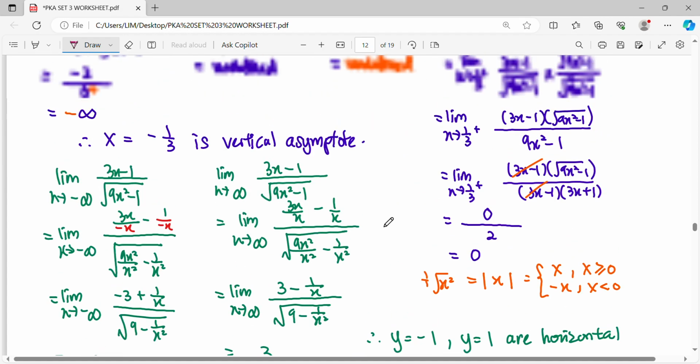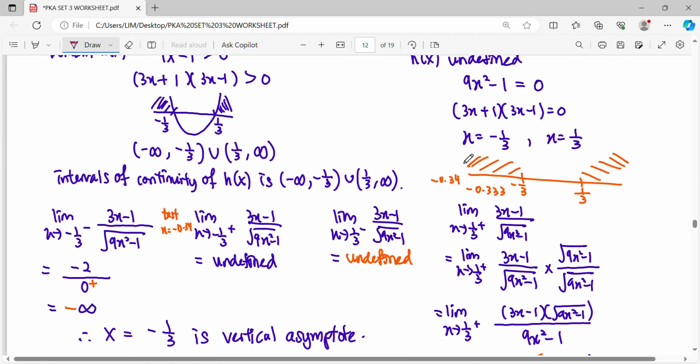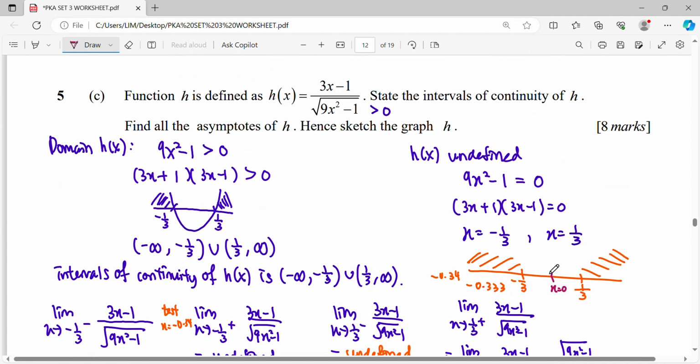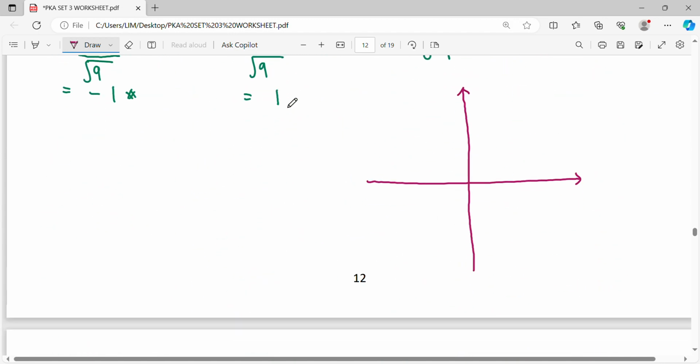Just look at any intersection when x equals 0, in between here, no graph, right? So we don't have a y-intercept. So do we have an x-intercept? When y equals 0, it might be, correct?